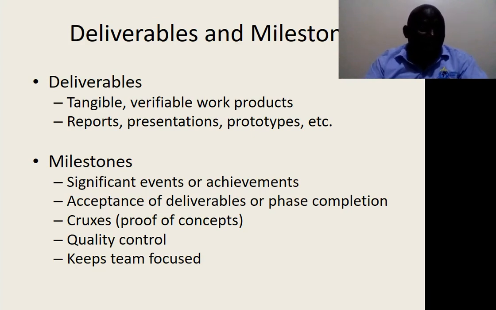You have the reports, you make the presentations, you do the prototypes, and if they require a product, it must be there, very tangible. Then the milestones are significant events or achievements that you want to talk about through your project. And so these are very key, especially in project management: the issues of acceptance of the deliverables. People must accept what you've done, the ownership, to the point of completion. The proof that these things were done, the kind of quality that you've done, and so many other things.